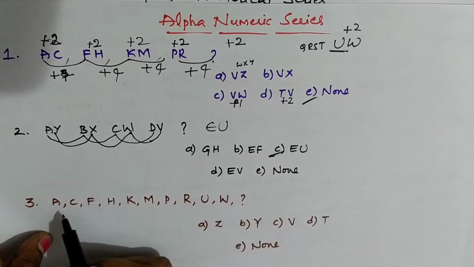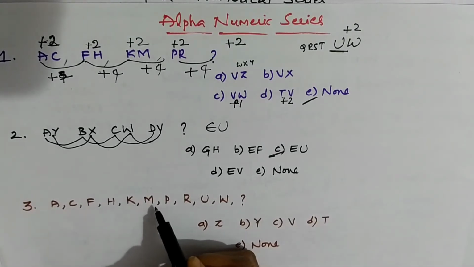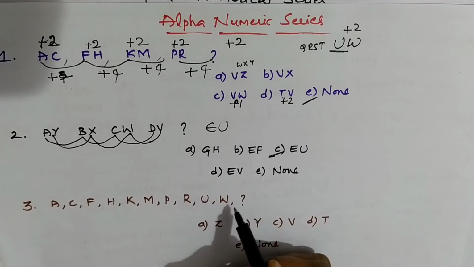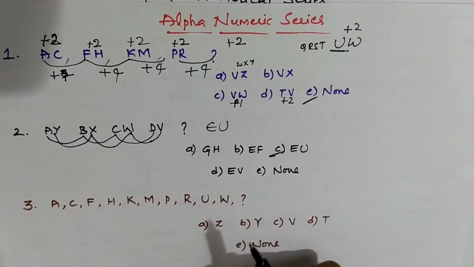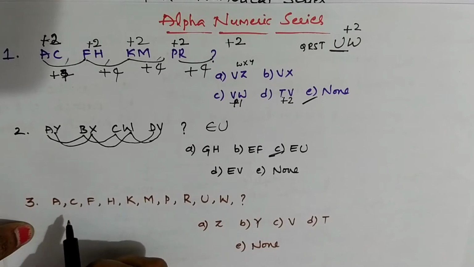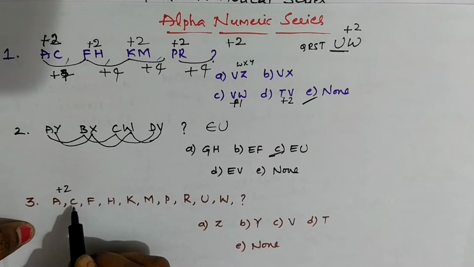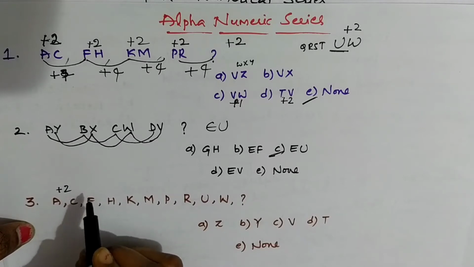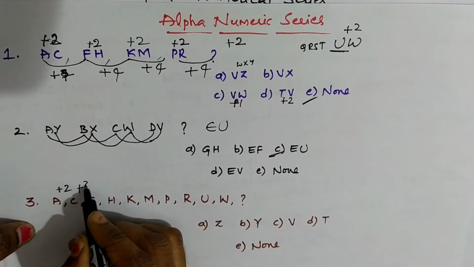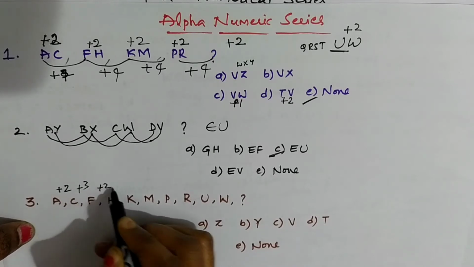Next question. A, C, F, H, K, M, P, R, U, W. This is an alphabet series. Here A, B, C, we have +2. Next C, D, E, F, +3. G, H, +2.